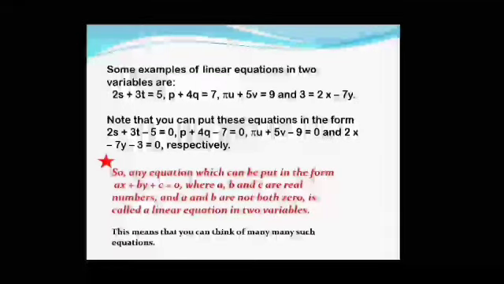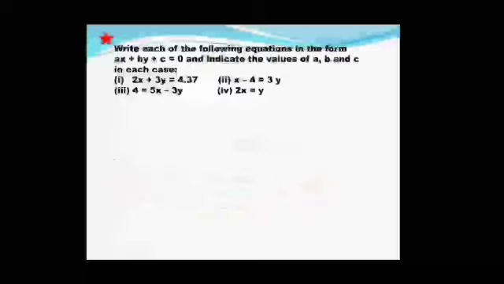So, any equation which can be put in the form ax plus by plus c equals 0, where a, b and c are real numbers and a and b are not both 0, is called a linear equation in two variables. This means that you can think of many such equations.